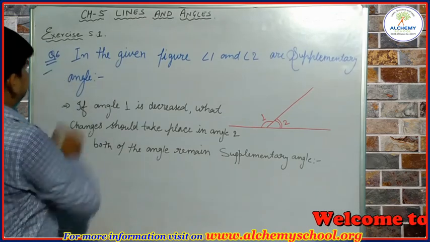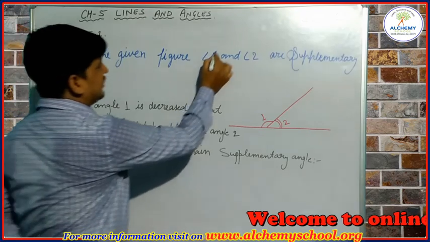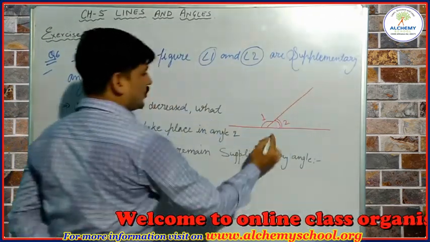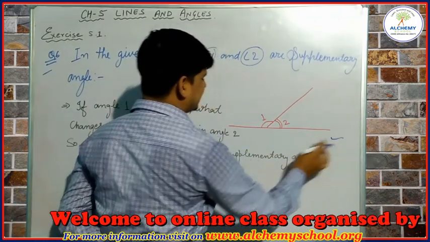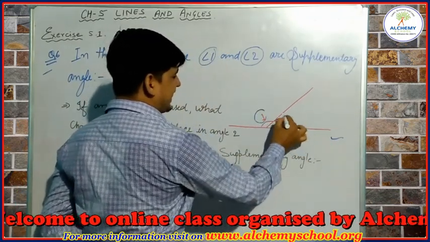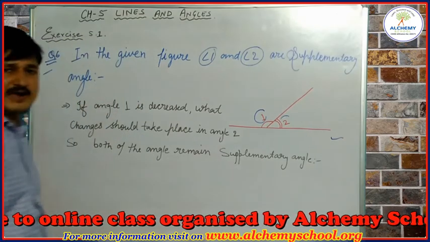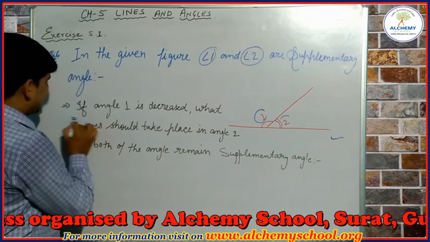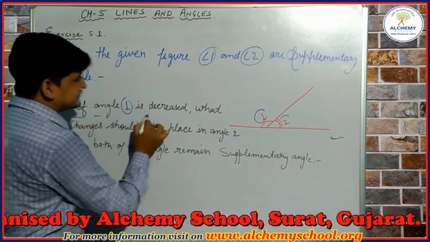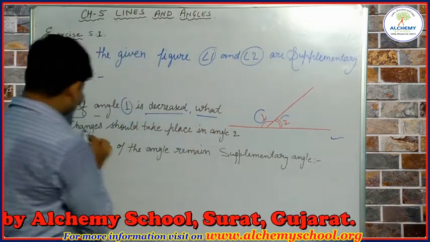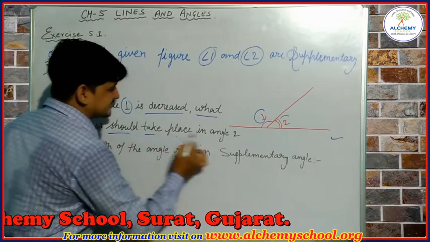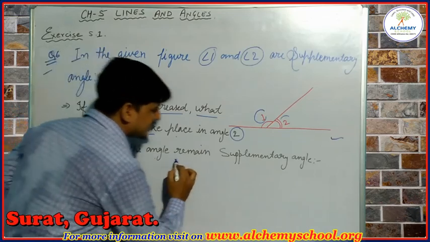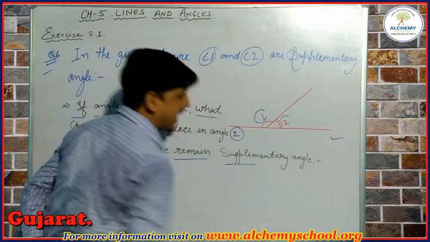So in question number 6, in the given figure, angle 1 and angle 2 are supplementary angles. One figure is given to us here, and it is saying that angle 1 and angle 2 are supplementary angles. Now on the basis of this information, it is asking if angle 1 is decreased, what changes should take place in angle 2 so both of the angles remain supplementary angles.